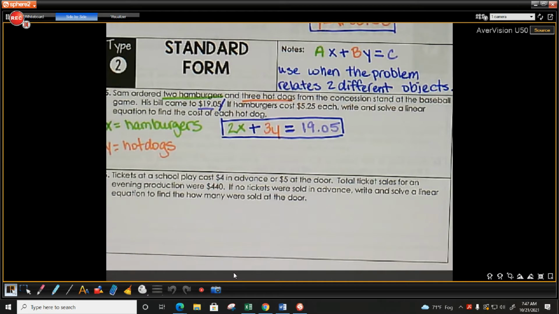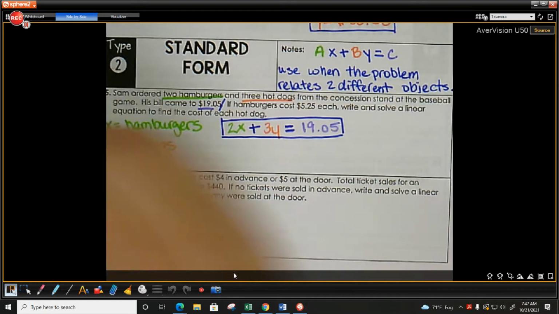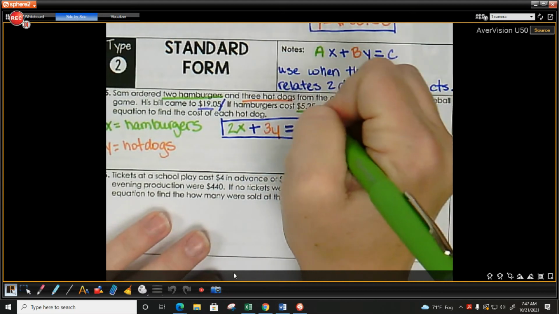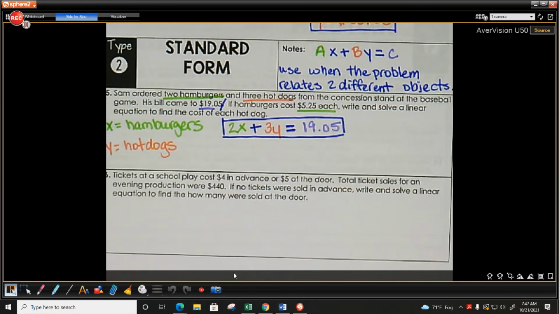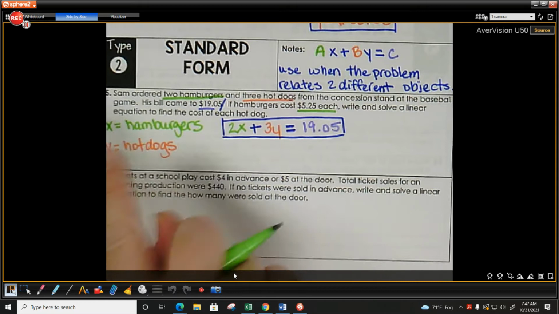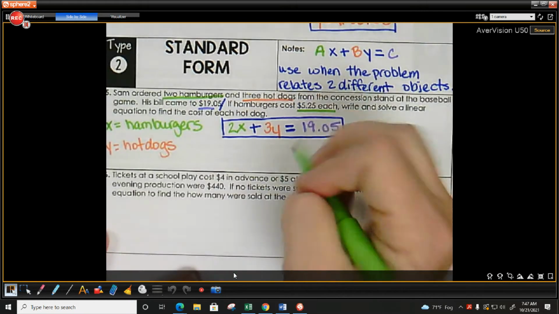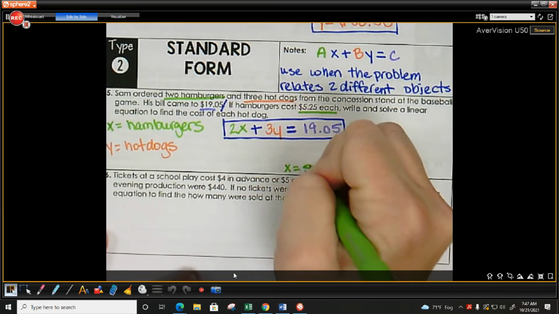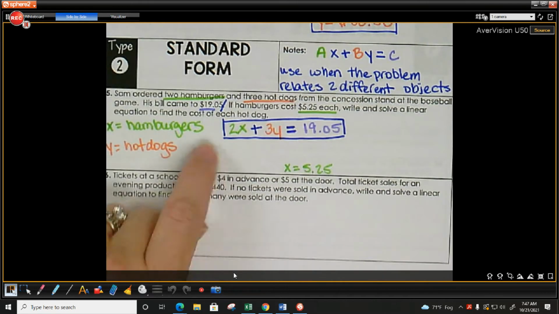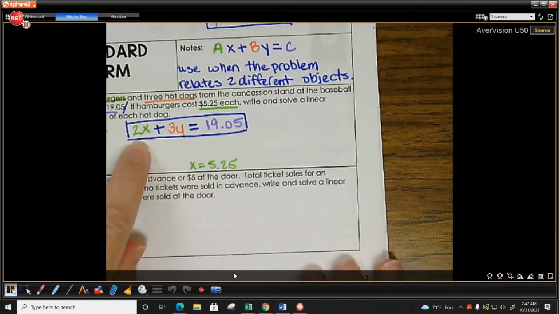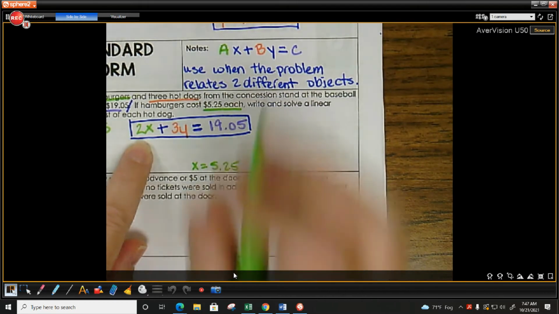Now, Dylan, how much does my hamburger cost? $5.25. So I can replace what variable with 5.25? X, because X is the hamburger. So X is 5.25. So I'm going to rewrite my equation, but I'm going to replace X with 5.25.